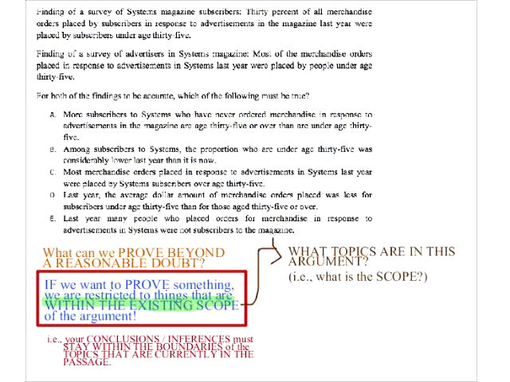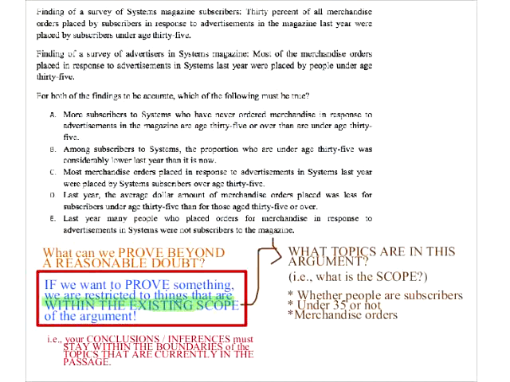Well, 30% of all merchandise orders placed by subscribers under 35. So whether people are subscribers, whether people are under 35 or not, and merchandise orders. This is it. This is the entire scope of the passage.